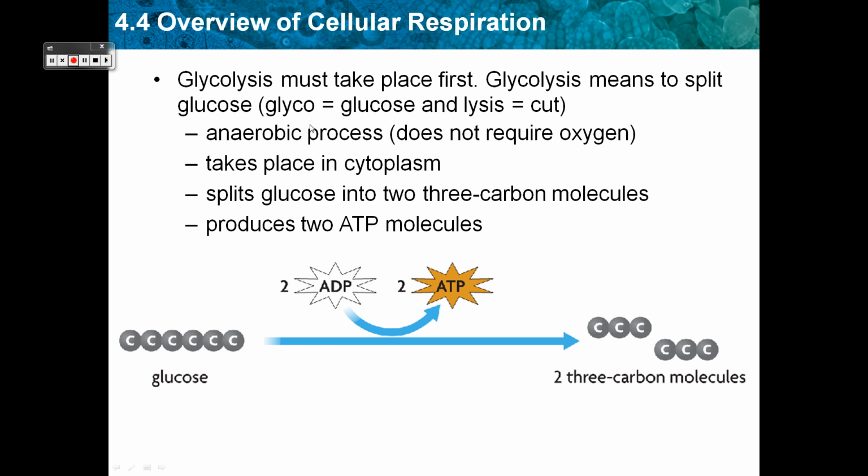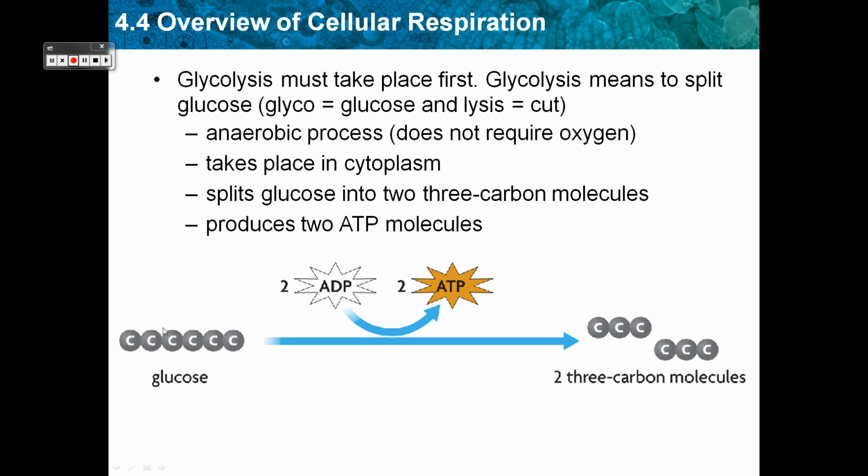Okay, and so what happens in glycolysis is it splits glucose, which I know we always draw with 6 sides. But as you know, the glucose molecule has 6 carbons, so we split this 6 carbon molecule into 2 3 carbon molecules that now can fit into the mitochondrion.